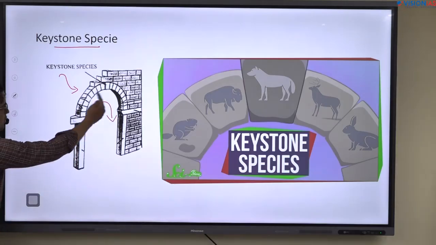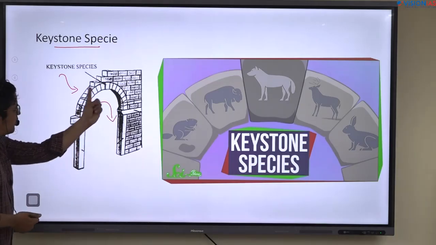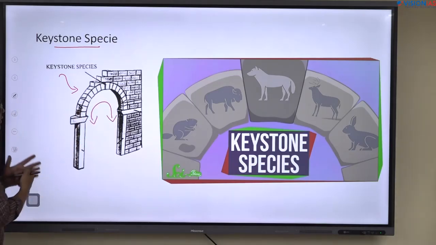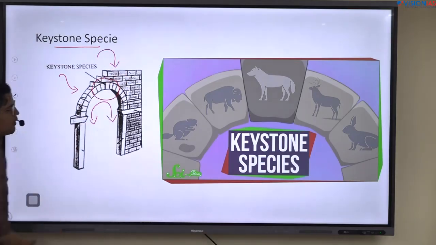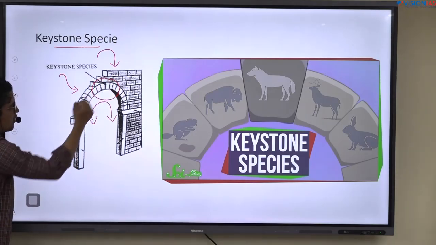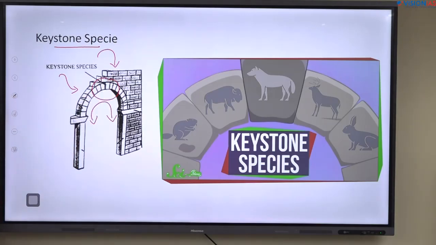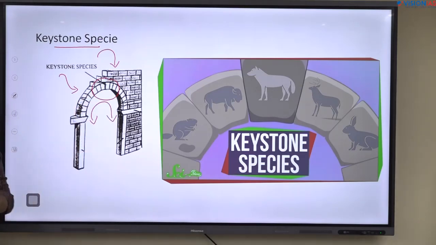So when buildings were constructed using an arc, this used to be the keystone, because the balance of the building depends on this. You take out this keystone, the building will become unstable. So keystone is necessary for stability. If you take out this, the stability of the building is gone.